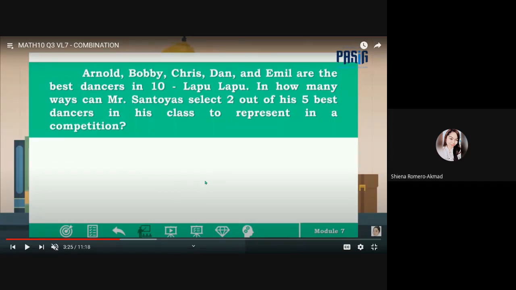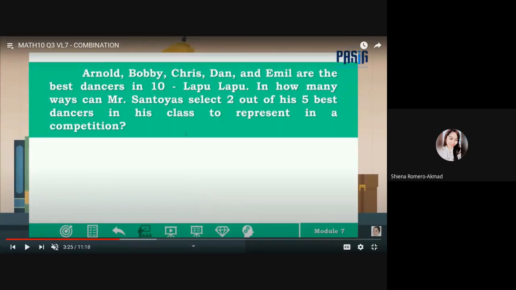Remember na dalawa lang yung kailangan niyang piliin. So sa unang tao na pipiliin niya, there are how many choices? Ilan ba yung pagpipilian niya? 10 ba? 5 po. So sa unang tao na pipiliin niya, there are 5 choices.